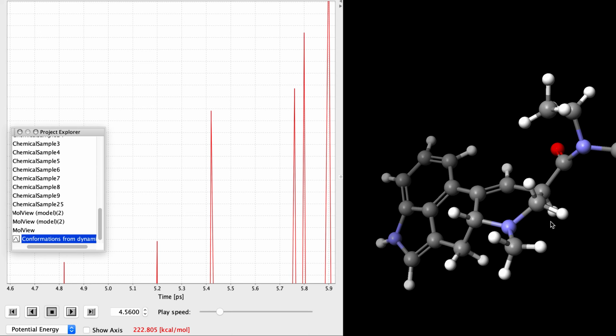And that way you can try to establish, according to AM1 or PM3, which is the global minimum for free base LSD. A global minimum being the lowest energy conformer. Now, your bioactive shape is not necessarily the lowest energy conformer, but generally it'll be a few kilocal per mole above it.